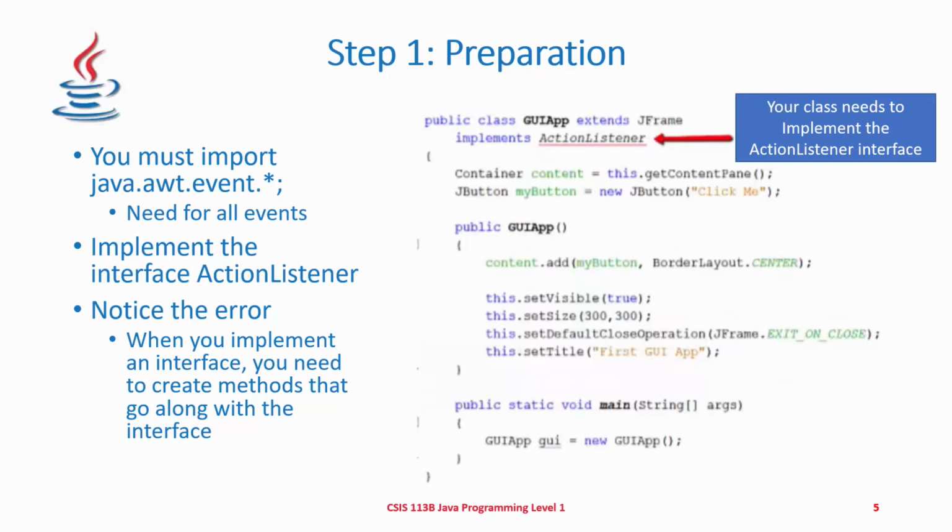Again, the interface has declared the methods, but there is no body to those methods. So within your class, you will declare what happens. You will put in the actual tasks that you want to occur for each of the different events that the action listener is defining in its interface.